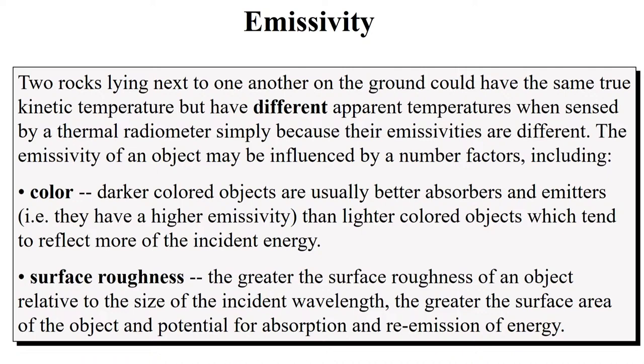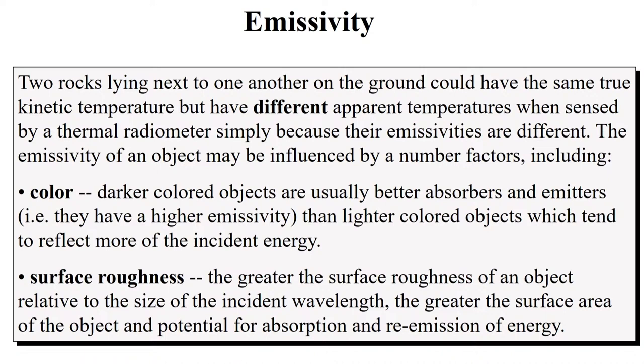Now there are several parameters which are going to affect the emissivity. Two rocks lying next to one another on the ground could have the same true kinetic temperature but have different apparent temperatures when sensed by a thermal radiometer, simply because their emissivities are different. The emissivity of an object may be influenced by a number of factors, and those factors are listed here.